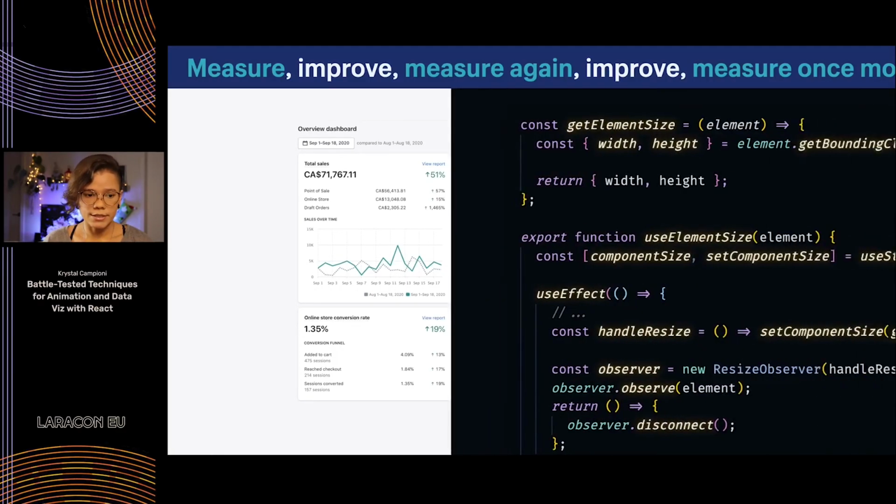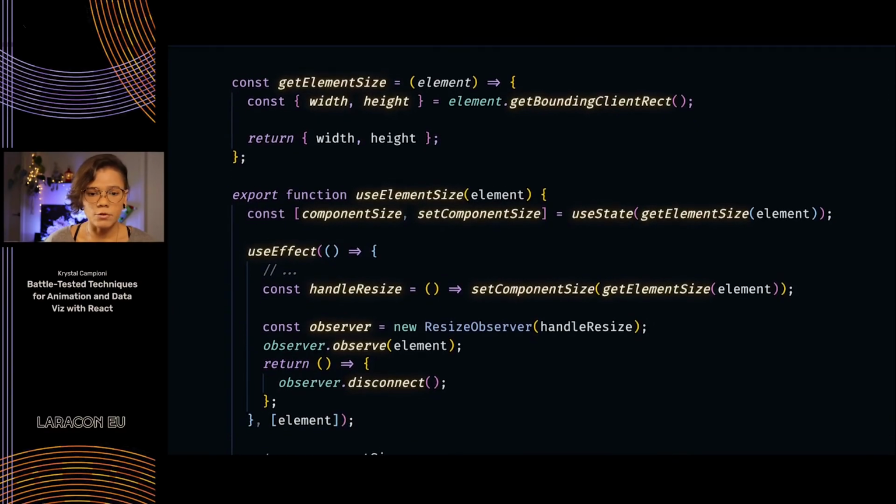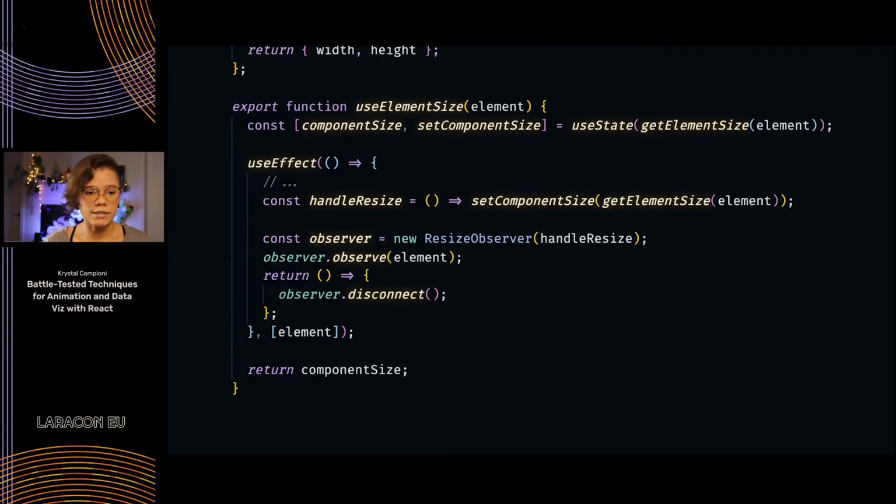It can be something like this. A get element method that receives the DOM element and calls getBoundingClientRect to retrieve the available width and height. And then we can even have a custom hook, something like useElementSize, that uses a resize observer to update the width and height every time that the element size changes.